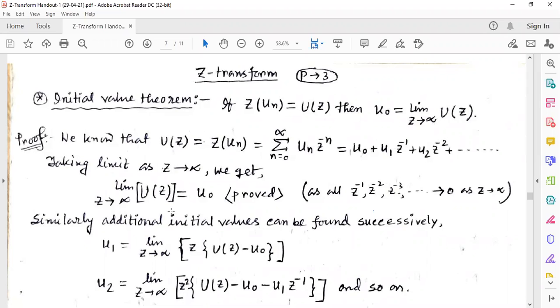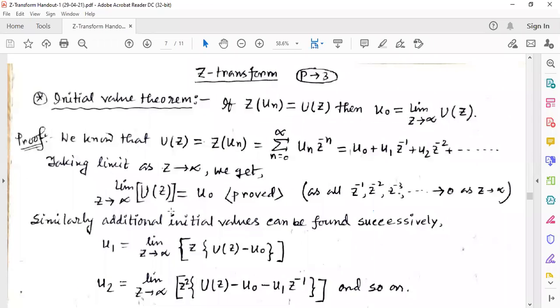Is it understood? Why are we taking that limit z tends to infinity? If z tends to infinity, then z to the power minus 1, z to the power minus 2, z to the power minus 3, all those things tend to 0, because we assume that 1 by infinity equals 0. Z to the power minus 1 means 1 by z; putting z equal to infinity, that is 1 by infinity, that is 0.